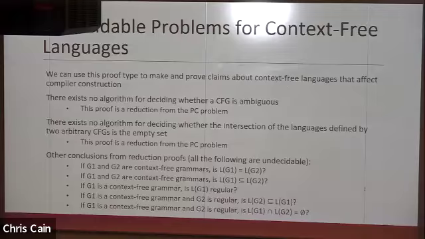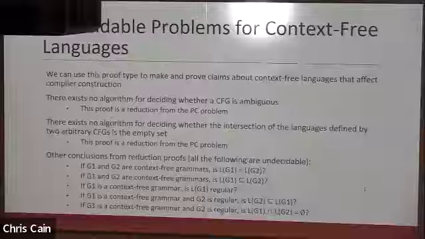These are all reduction proofs, and we could use the post-correspondence problem as a middle ground, as an undecidable problem. But a lot of these either reduce to post-correspondence or reduce to the halting problem directly. We have this entire class of undecidable languages where if we could decide any one of them, then we could decide all of them. They relate to each other in ways that say, if this is decidable, then that is decidable, and that is something we've already shown to be undecidable.